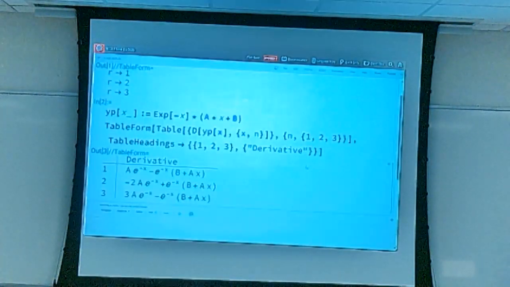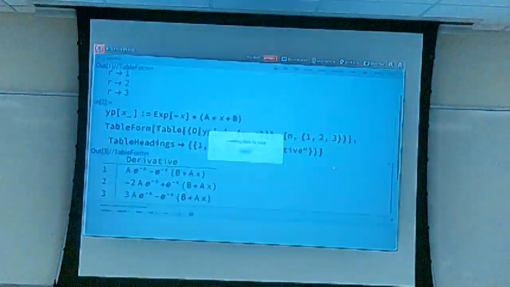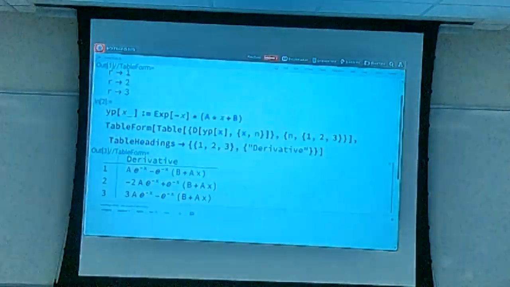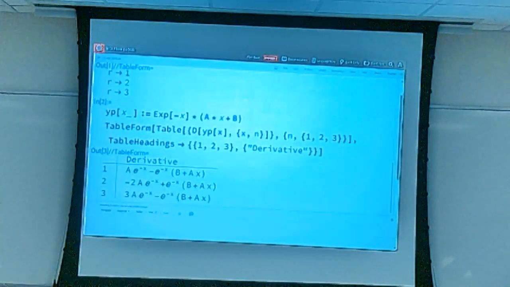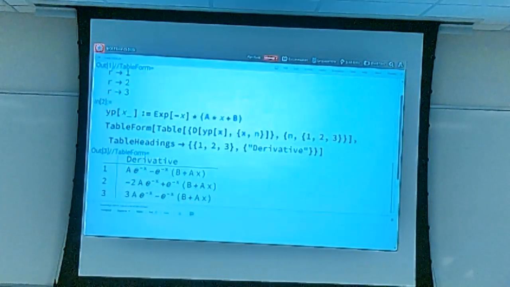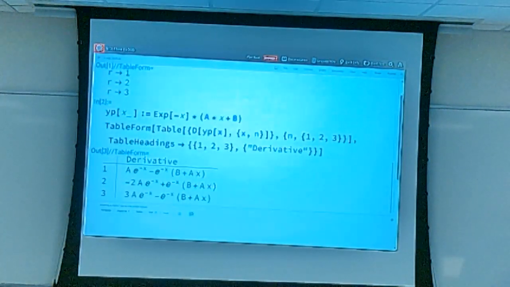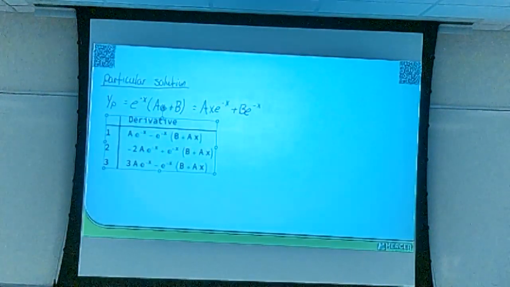Bigger three derivatives. Put that in there. That's going to have to now be plugged back into the original equation.